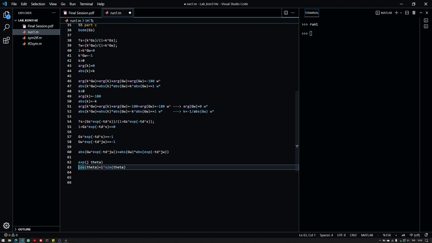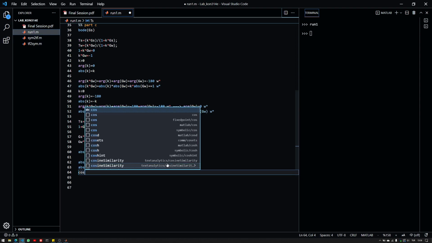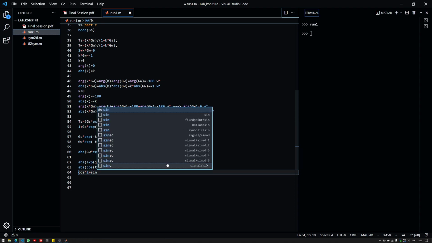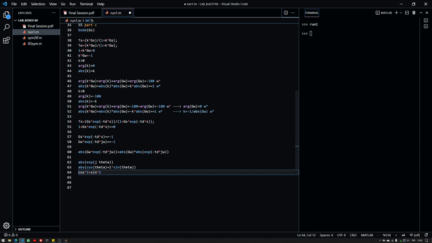And we know that the absolute value of this, if you have absolute value here, we would get the following. This would be cosine squared plus sine squared of theta, and this would be equal to 1.